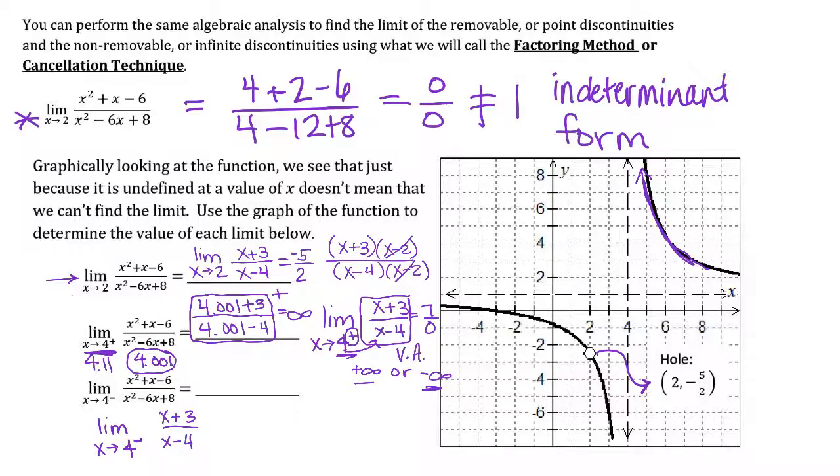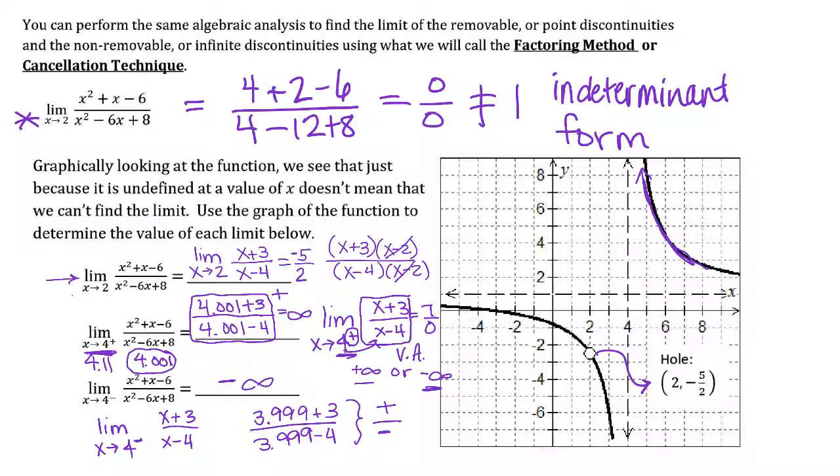So I'm going to substitute in 3.999 plus 3 over 3.999 minus 4. And again, all I care about is whether this is positive or negative. On top is positive, but in the bottom we're going to get a negative. So that tells me this is tending toward negative infinity.